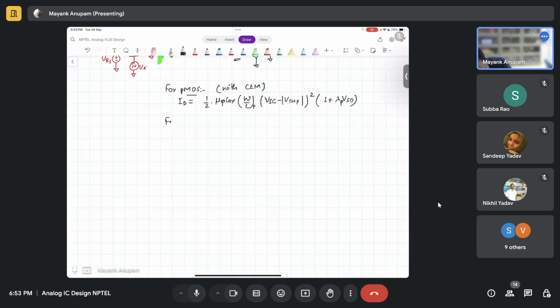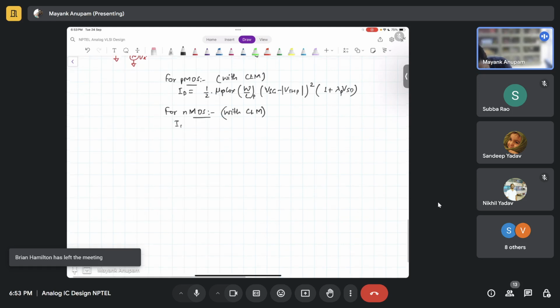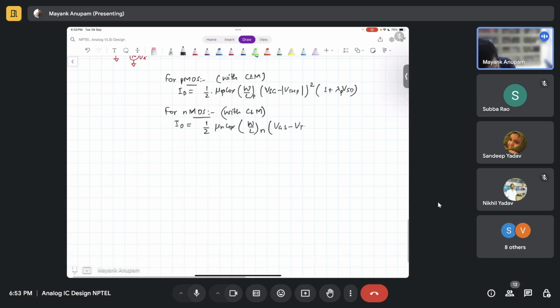For NMOS, you already know, right? ID is equal to half mu N Cox W over L N, VGS minus VTHN the whole square, times 1 plus lambda N VDS.